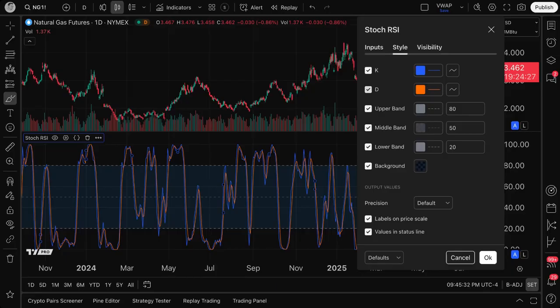And one way to look at these two lines is to look for divergences. When is K flipping D, or when is D flipping K? And if you work in the world of indicators or you're familiar with them, these divergences can sometimes show you when momentum is turning, when a signal is potentially flashing or about to flash. It's going to come down to how you want to read and utilize this indicator for this specific example.